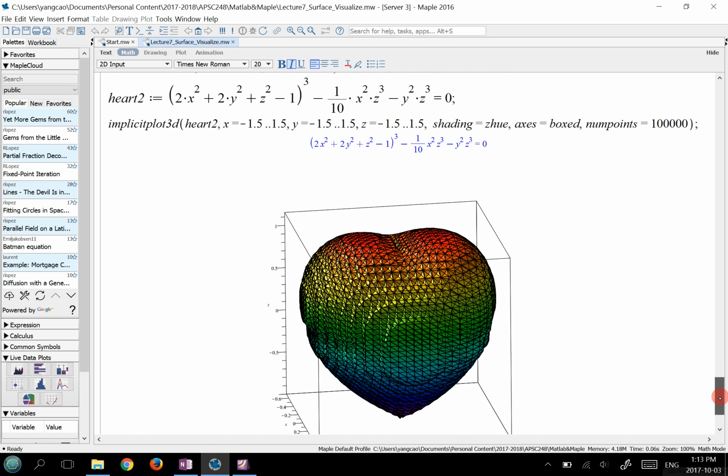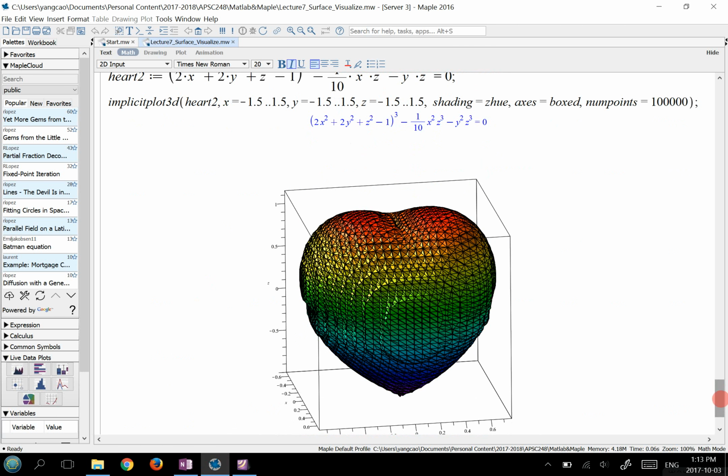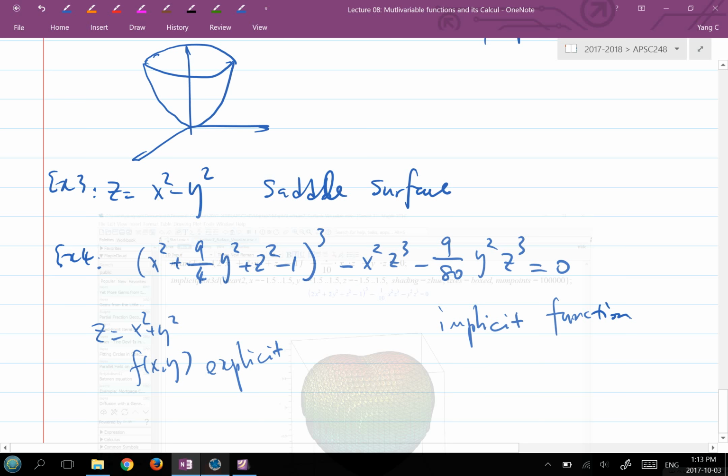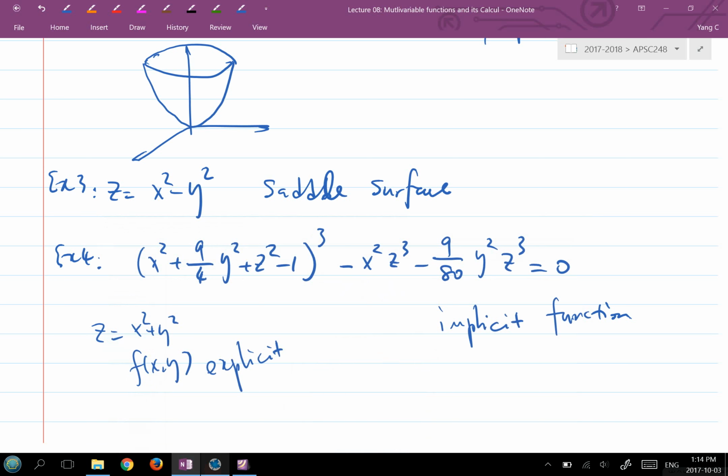Now this is the heart from his construction. If you compare, they're actually different shapes of hearts. Try it out, and then you can give it different shading, different colors. One of the previous students actually printed it out and gave it to his girlfriend on Valentine's Day. So it worked really well, I heard.